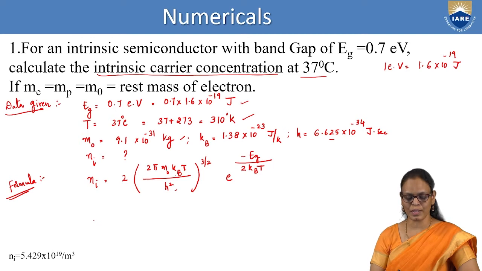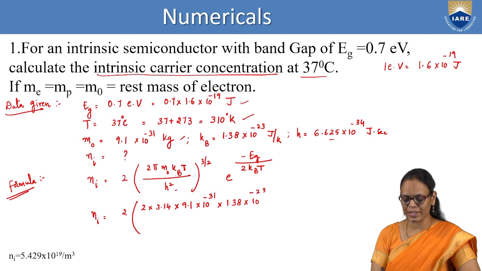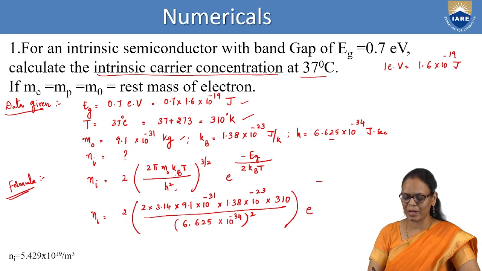Let us do the substitution now. Ni is equal to 2 into 2, the value of pi we are taking as 3.14, into the rest mass of the electron 9.1 into 10 power minus 31, into Kb 1.38 into 10 to the power of minus 23, the temperature 310, upon h square, 6.625 into 10 power minus 34 square, all to the power 3 by 2, into e power minus Eg.